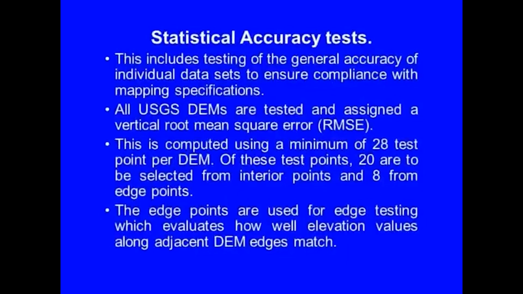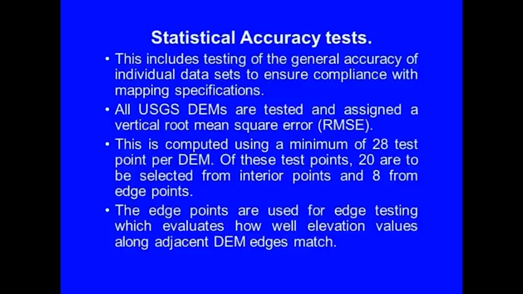Statistical accuracy tests. This includes testing of the general accuracy of the individual data sets to ensure compliance with the mapping specifications. All USGS DEMs are tested and assigned a vertical root mean square error.